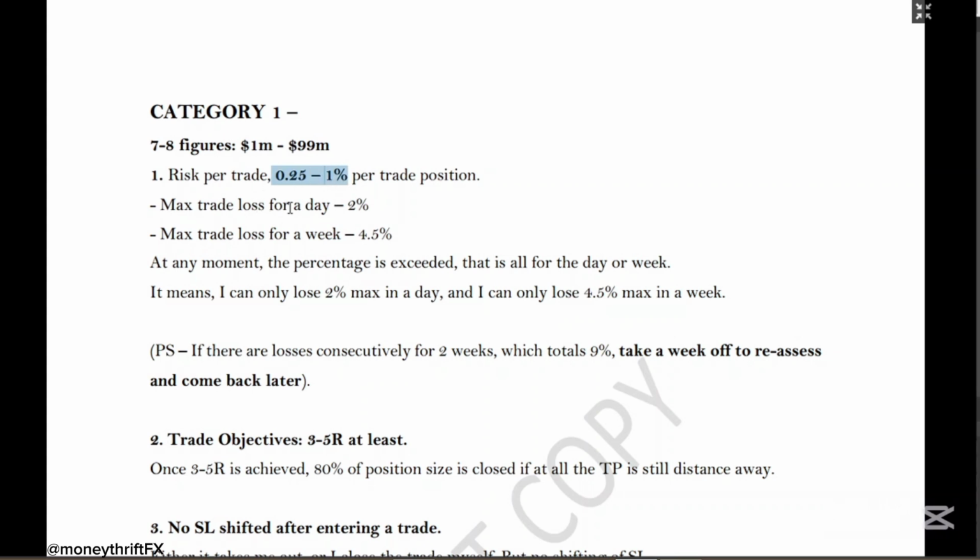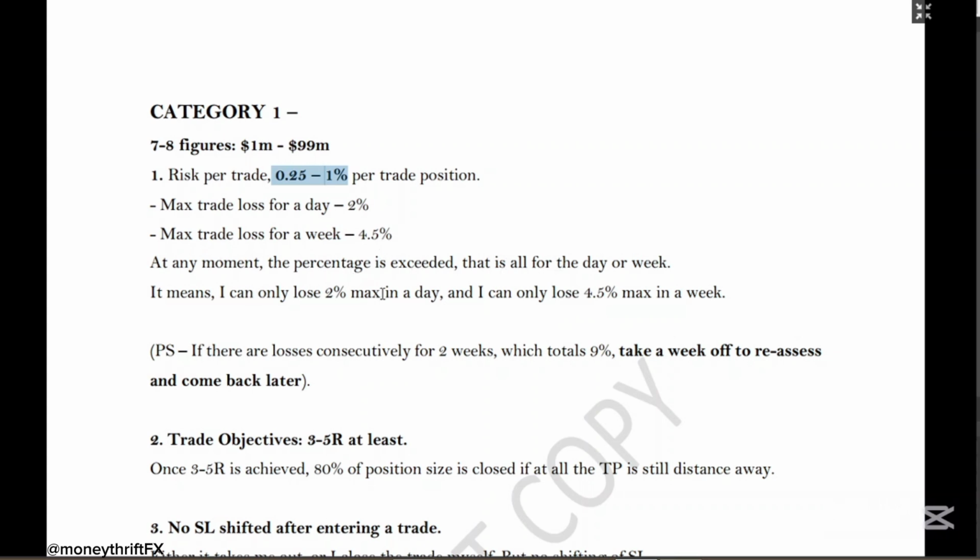So max trade loss for a day is 2%. If you lose 2% in one single day, you just stop trading. And max trade loss for a week is 4.5%. If you lose 4.5% in one week, you stop, no matter which day of the week that is. At any moment, if the percentage is exceeded, that is all for the week.